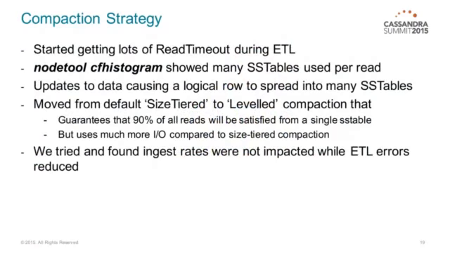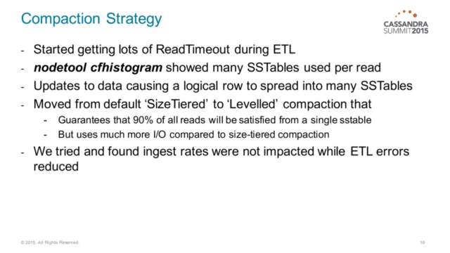The way the leveled compaction algorithm works is it tries to ensure that there aren't any overlapping SSTables in the same level. With that, it can give you a guarantee that 90% of the reads will be satisfied from just one SSTable. And because it has to give that guarantee, it's more IO intensive.